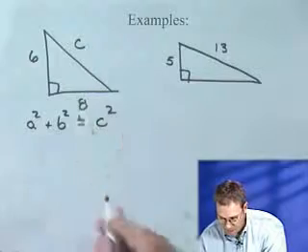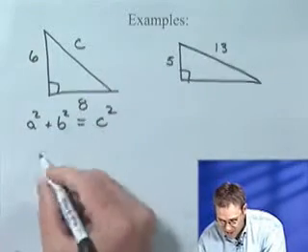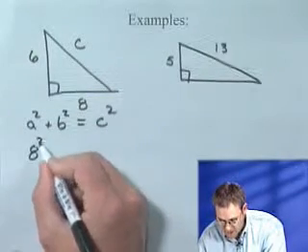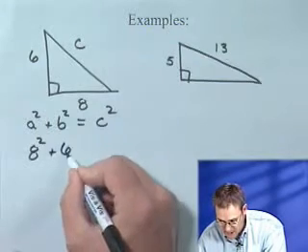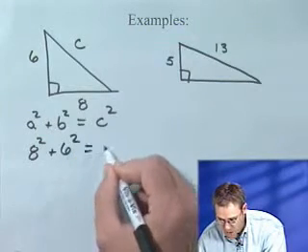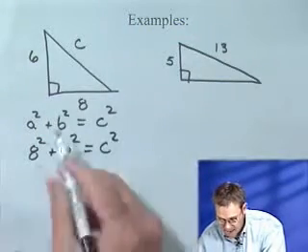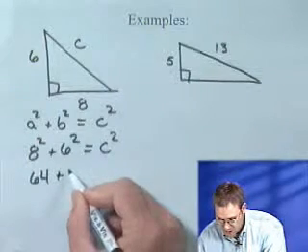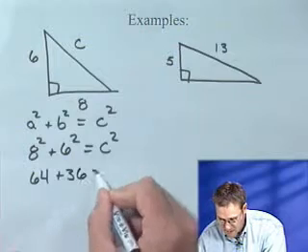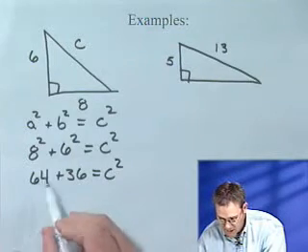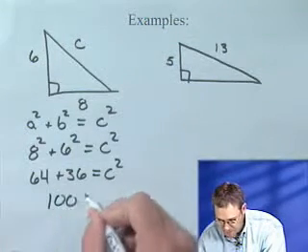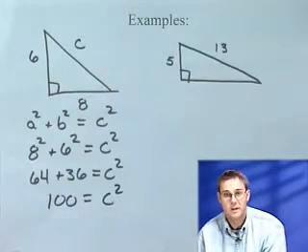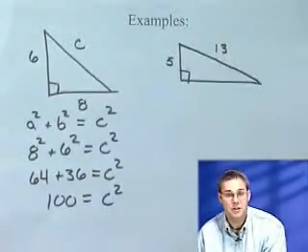So I'll just plug in my values. We said A was 8, so 8 squared plus 6 squared must equal C squared. 8 squared is 64. 6 squared is 36. 64 and 36 is 100. So C squared must equal 100.